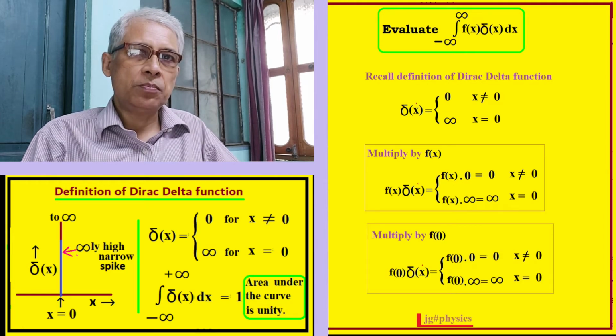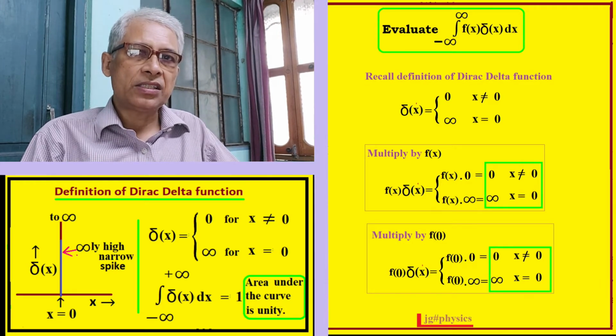Now let us multiply the Dirac delta function by f of 0. The left hand side is f of 0 into Dirac delta of x, and the right hand side is f of 0 into 0, the product being 0 for x not equal to 0, and it is f of 0 into infinity, resulting in infinity for x equal to 0.